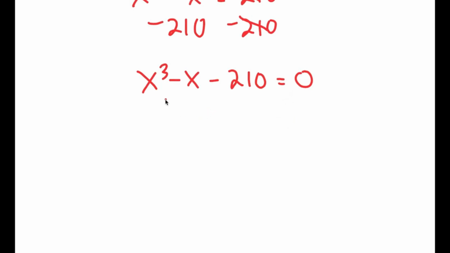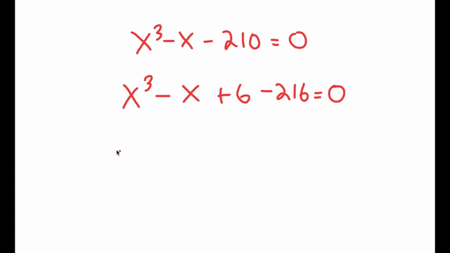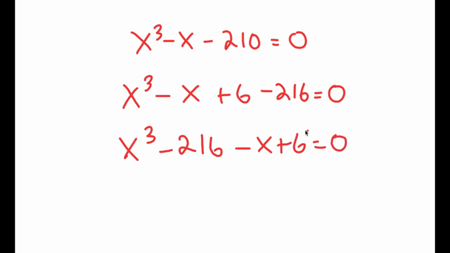Now, from here, I'm going to rewrite this as x to the power of 3 minus x plus 6 minus 216 is equal to 0. So I rewrote negative 210 as 6 minus 216. The reason I did this is because I can reorder this as x to the power of 3 minus 216 minus x plus 6 is equal to 0.